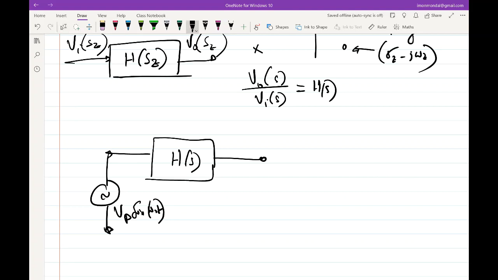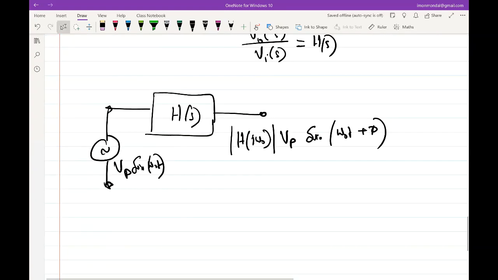If you say that H of S is something, the output will be mod of H of j omega naught times VP sin(omega naught t plus some phi), right? So this is one data point, correct? This is one data point.